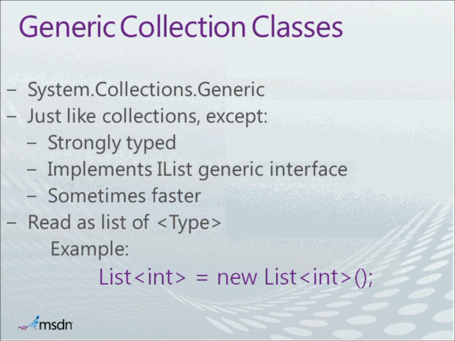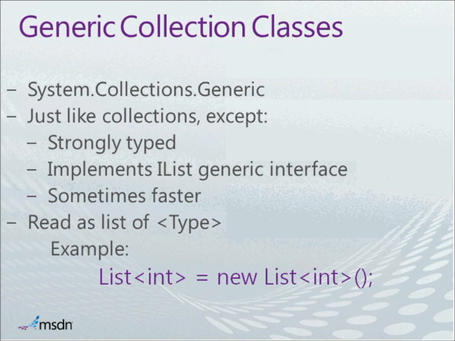But that boxing and unboxing process is very compute intensive. There are a lot of instructions that go on under the covers, and the only reason for doing it is because they have to do this type checking.